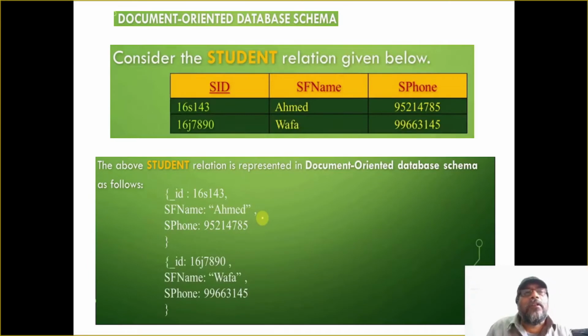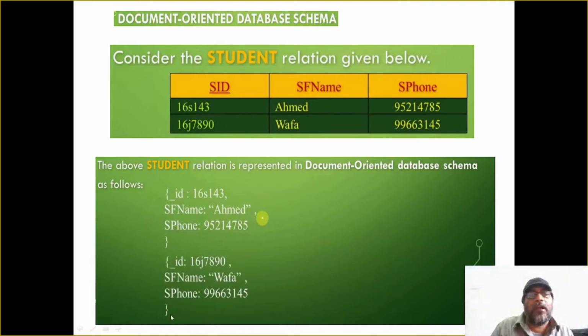This is one simple example. We are taking a relational database example because we are familiar with it and comfortable understanding it. So there are two rows, two tuples, and if they have to be represented in a document oriented database, this is the representation you see here. This is the ID, this is the student first name, and then phone number, within curly braces.